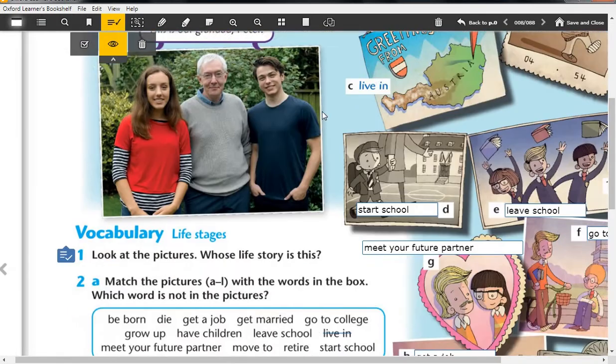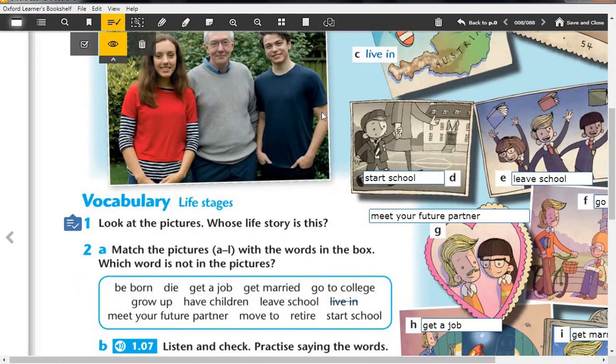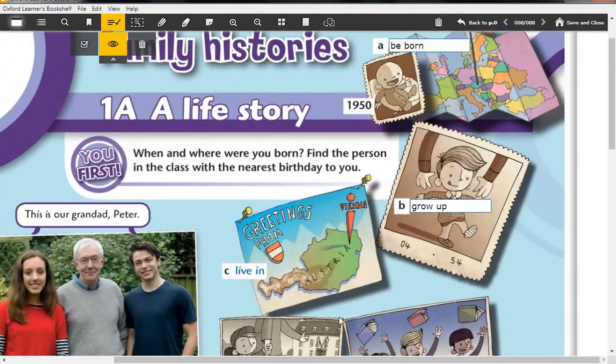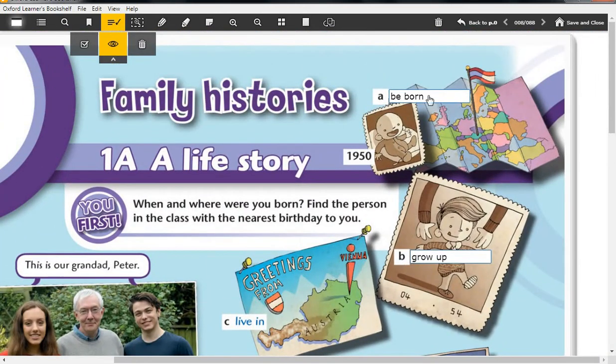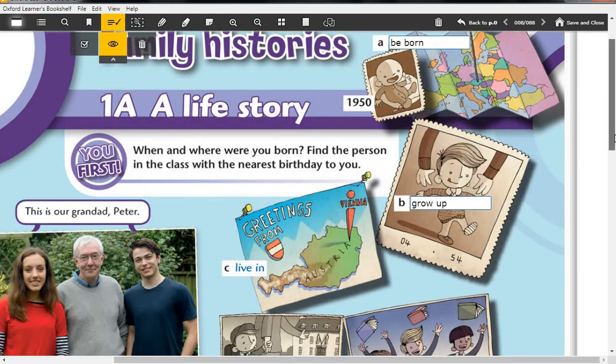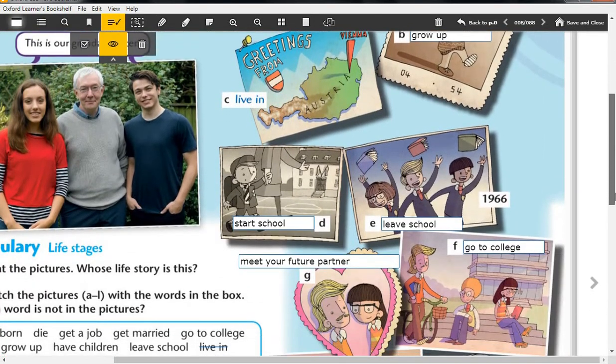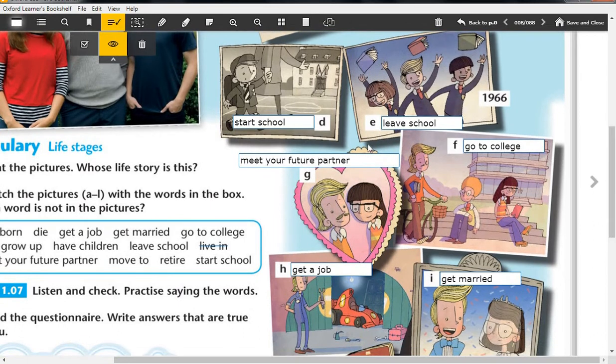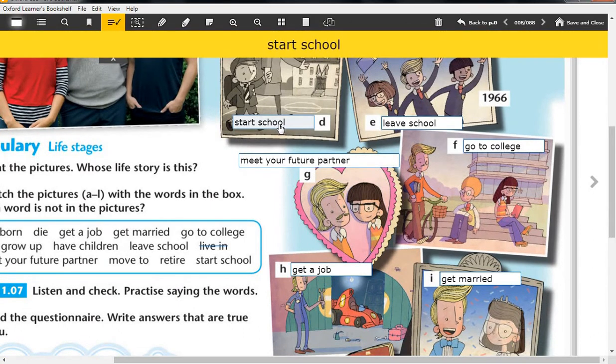Okay, let's continue vocabulary parts. Match the pictures A to L with the words in the box. Which word is not in the picture? Firstly, let's look at the pictures. A, be born. B, grow up. C, live in. D, start school.